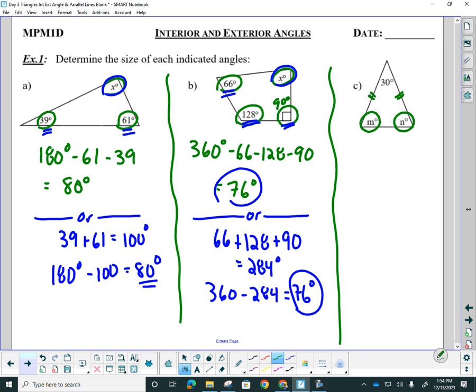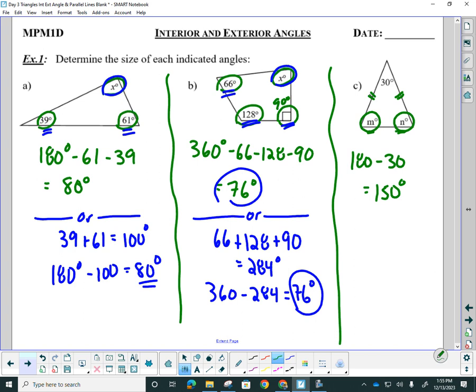So, in this case, it looks like I only know one bit of information, the 30 degrees, which is true. So I could say, okay, well I have 180 in total, because it's a triangle, and I'm going to take away 30. That means I have 150 left over. But because I know that these two are equal, that 150 degrees must be divided equally amongst these two.